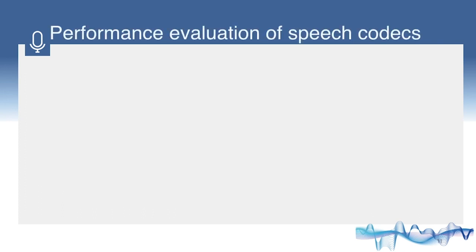Excessive delay will affect mutual understanding in two-way communication. For example, a delay above 150 milliseconds is not acceptable for high-quality interactive communication. The delay of a speech codec is a sum of different types of delay.